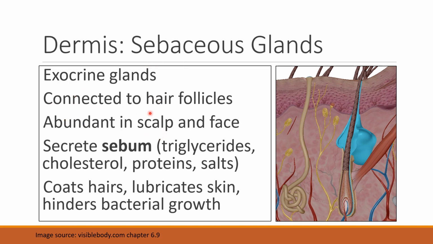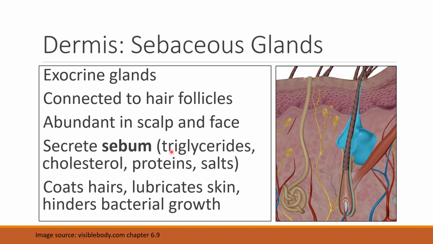Sebaceous glands are connected to hair follicles. You can see this nice picture of that, highlighted in blue thanks to Visible Body. These sebaceous glands are throughout the body, but they're very abundant in your scalp and in your face. And they secrete a substance called sebum, right? Sebaceous glands secrete sebum. And what is sebum? Well, it's a mixture of triglycerides, cholesterol, proteins, and salts.